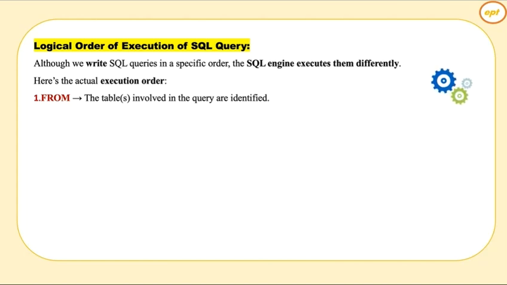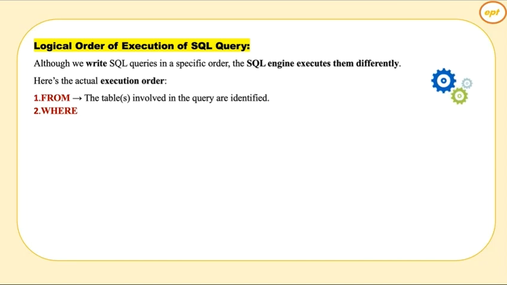So what happens if multiple tables are used in the SQL query? The SQL engine will determine how to join them first. If there is any join condition, it will be processed first. In our slide we have concentrated mostly on the very basics. The next advanced-level concepts will come in further videos. So next, see what happens. What is the next step?